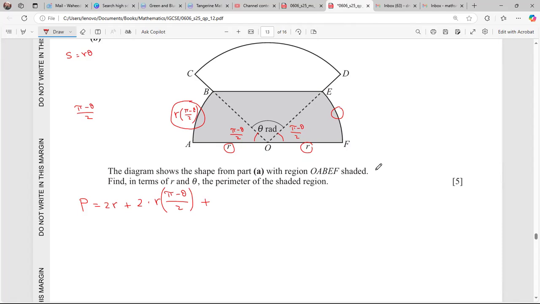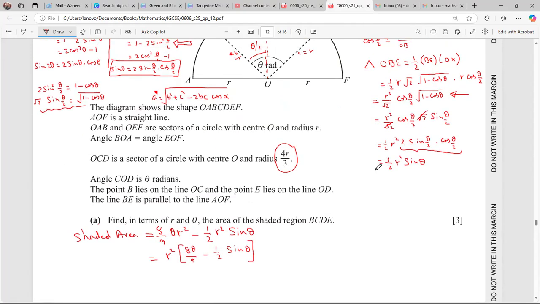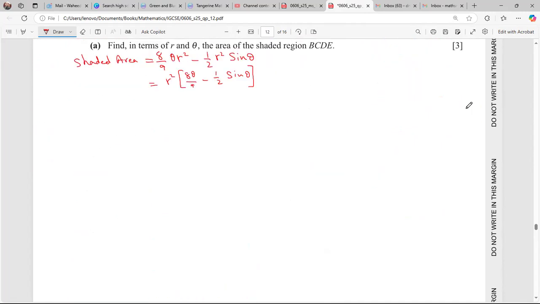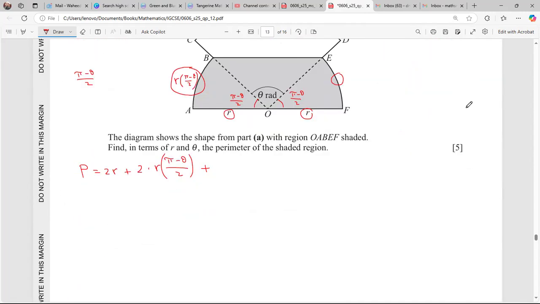And remember, how did we find BE? BE was found over here as this one. This is my BE. So R root 2 into 1 minus cos theta. So this is going to be R under the root 2 into 1 minus cos theta. So this is my perimeter.